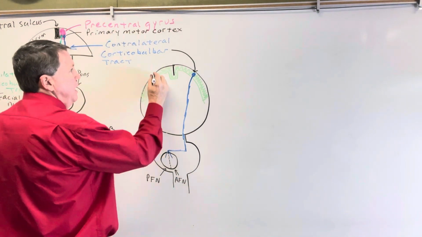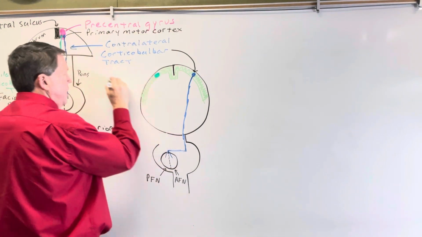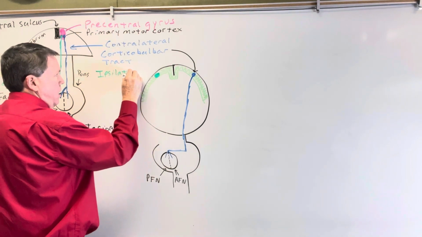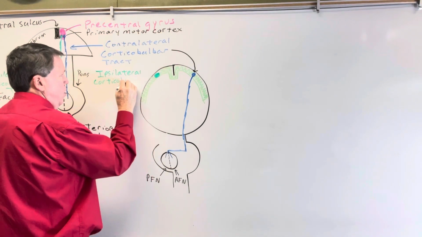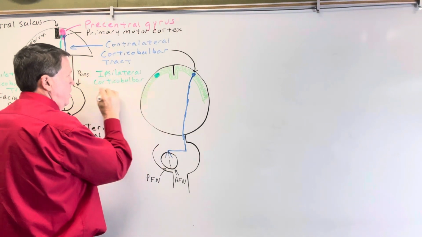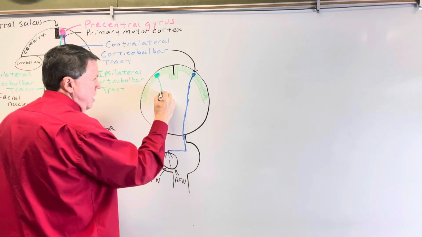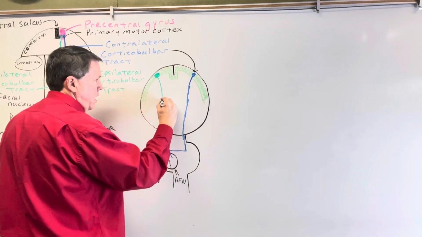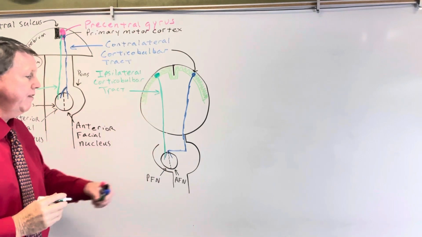Now I'm going to draw my ipsilateral corticobulbar tract. And now this guy is going to come down and just go into this posterior side. Okay, so that's going to be the ipsilateral corticobulbar tract. So now you get an idea of how these go.